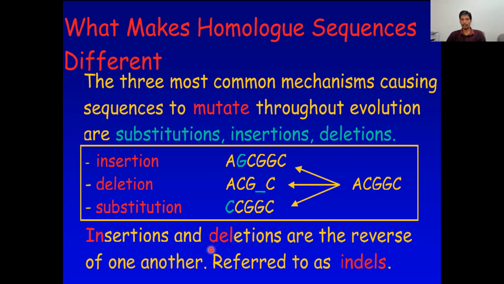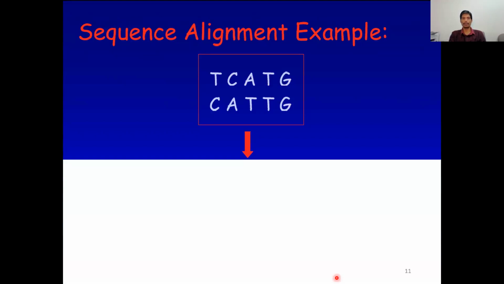Insertions and deletions, one being the reverse of the other, are referred to as indels. Sequence alignment. Let's say this is one sequence, TCATG, and another sequence is CATTG. If you align these two sequences, what will you get?